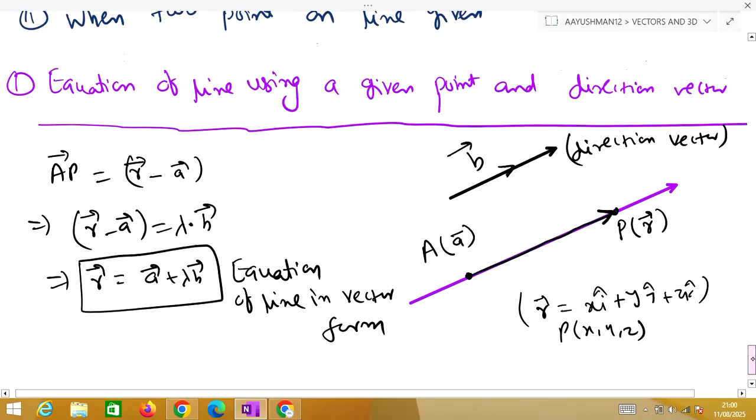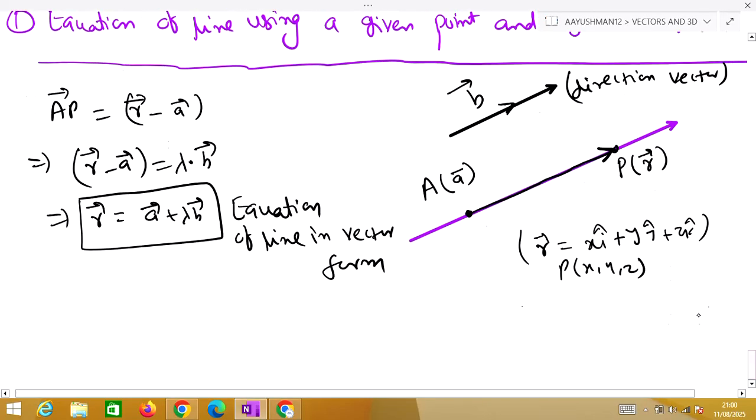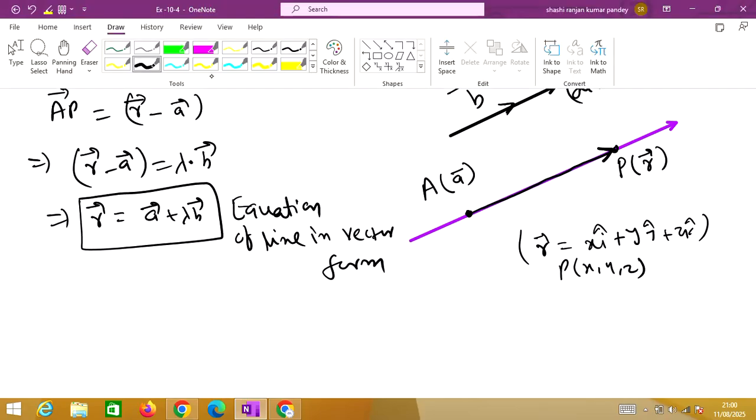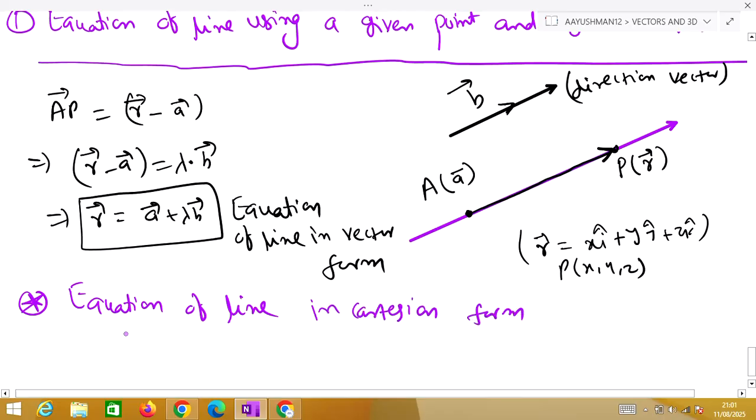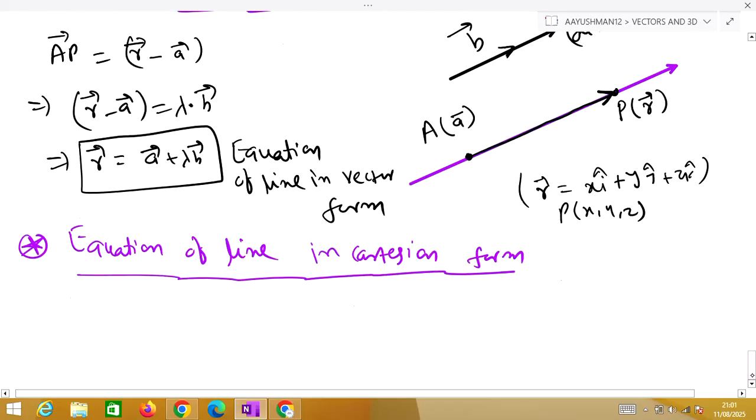If we want to write this equation in Cartesian form, that we also can. So now we'll write the equation of line in Cartesian form. In Cartesian form, what we have to do here is simply put the points.